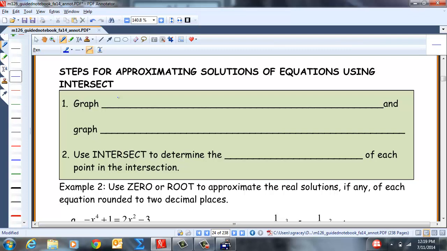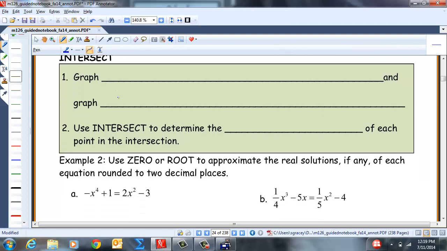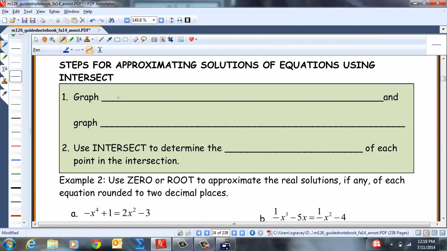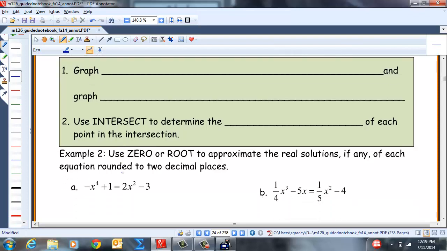This works for several different applications, but when you're dealing with examples like this where you just have one variable, we're going to graph 2 equations and see where they intersect. Oh, and we've got a typo here. My bad. This is not the 0 or root. This is the intersect.